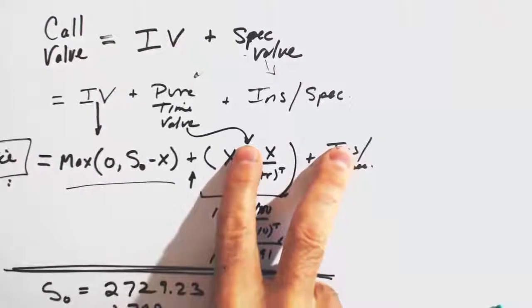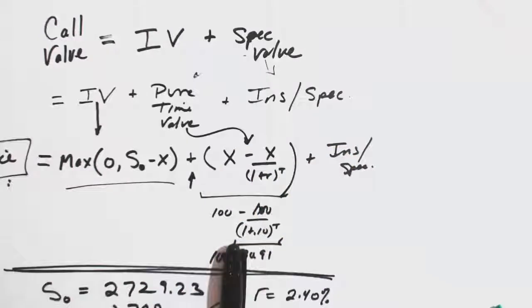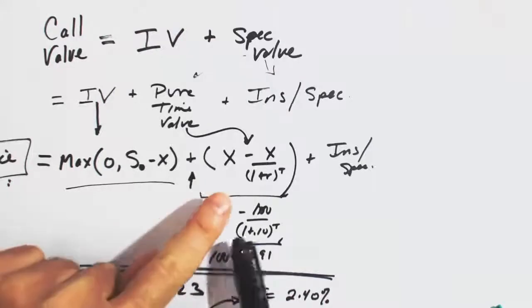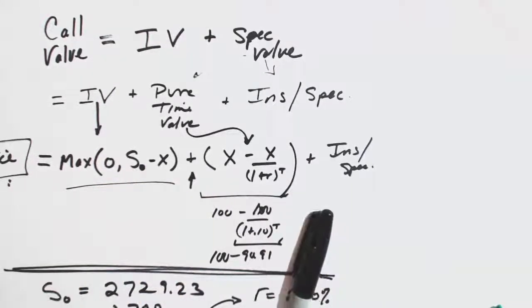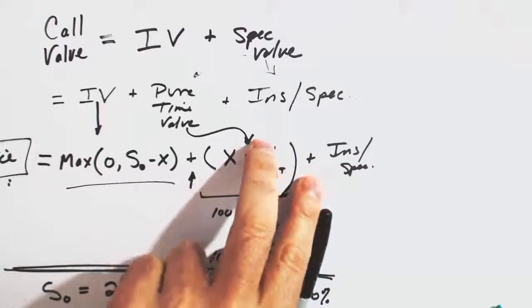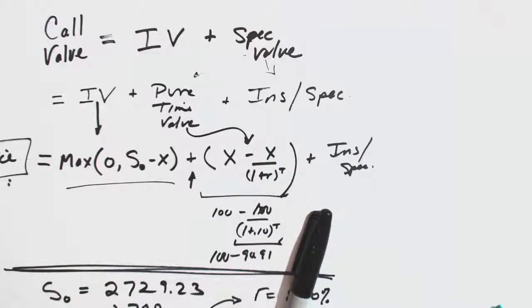If the dividend's bigger, it's optimal for you to exercise the option early. So the reason for breaking this apart is to show you when it is more valuable to exercise an option, and what are the items that help you with that decision. It's these two components relative to the dividend itself.